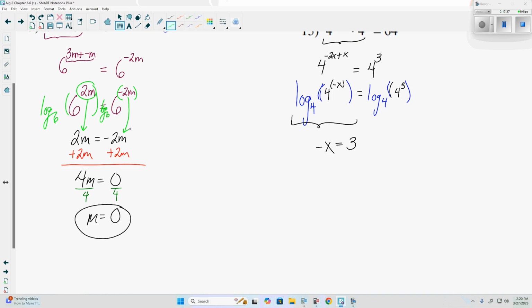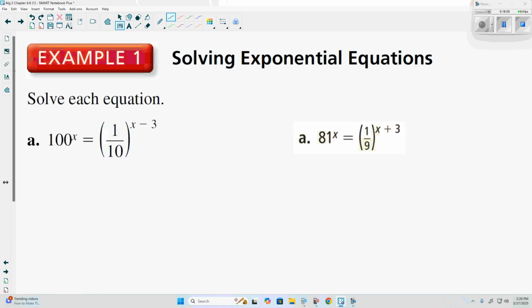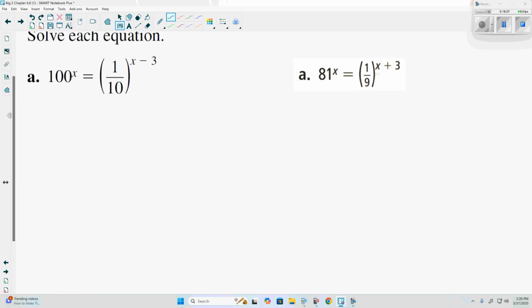That's why this one-to-one property works. So this kind of makes some sense. Now we'll start digging into this, especially when the bases are not the same. When the bases are not the same, we have to start going with this kind of method to get them to be the same. But that is not today.